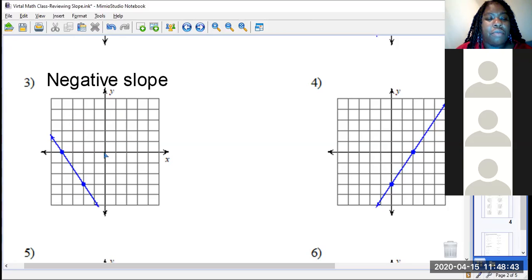Because remember, whenever you're plotting a point on the line, you start with your x coordinate. If your x is positive, you go to the right. If your x is negative, you go to the left. And from that point, if your y is positive, you go up. If your y is negative, you go down.